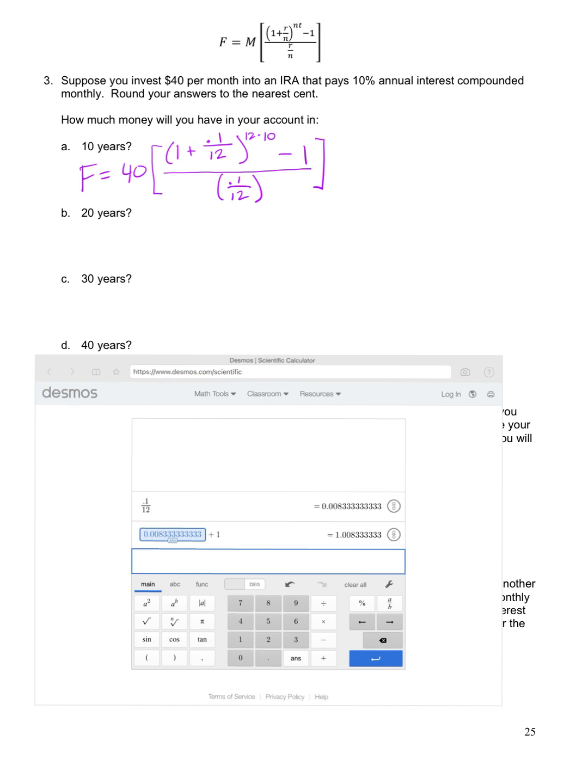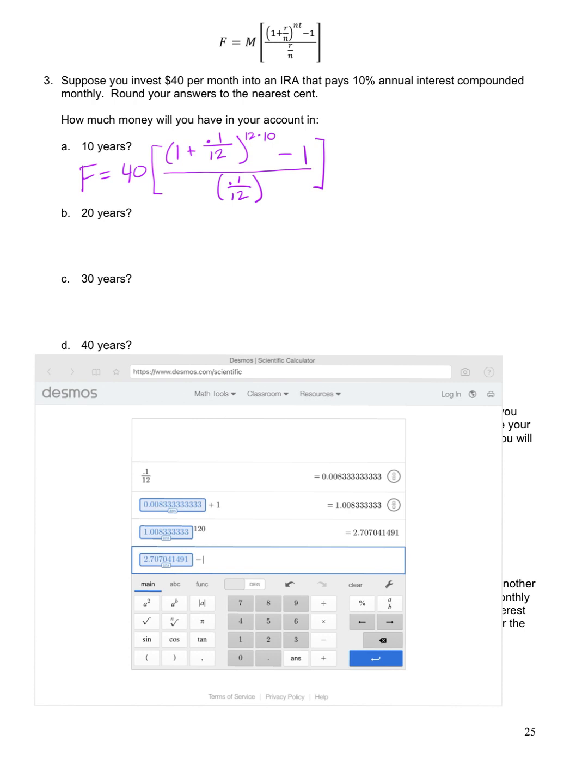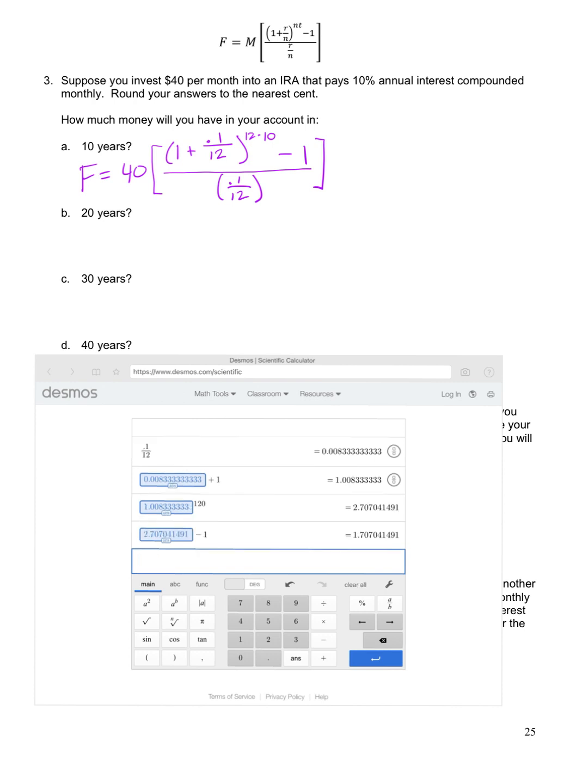Okay, so take my previous answer, raise it to the 120. So previous answer, a to the b, 1, 2, 0, hit enter. And then I have 2.707. I'm going to subtract 1, previous answer minus 1, hit enter. And then I want to divide that, 1.707, by 0.1 over 12.